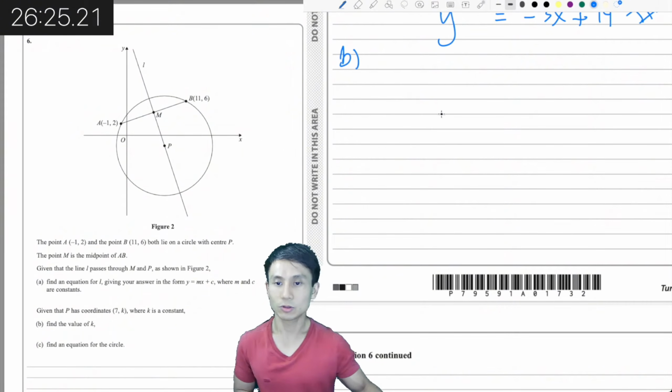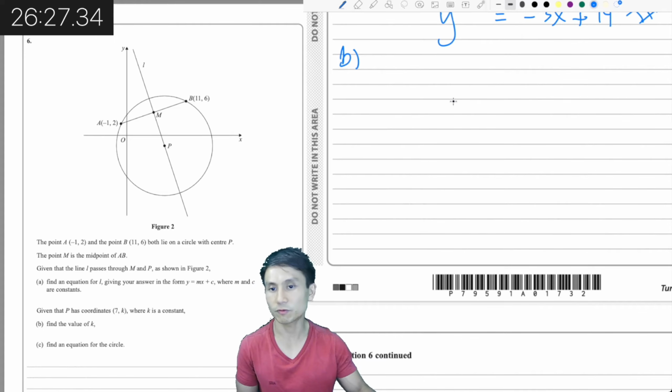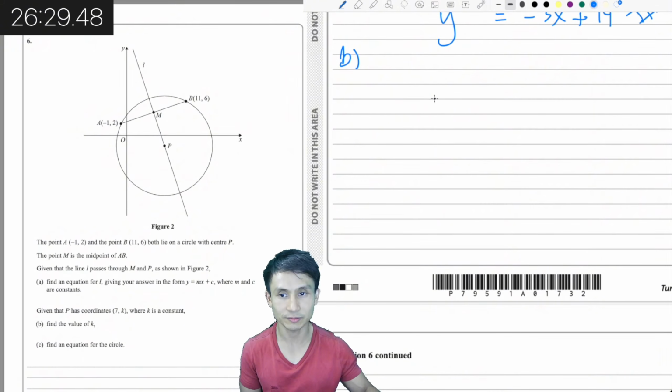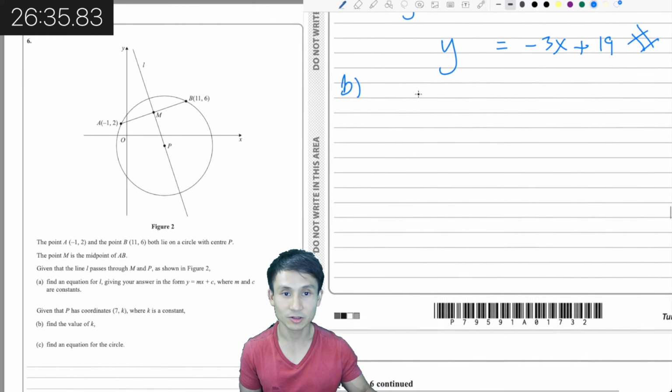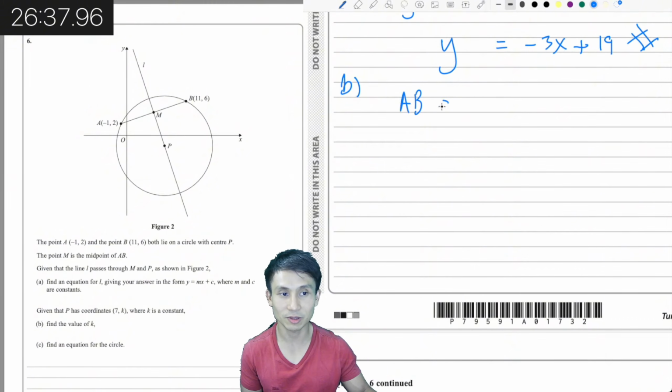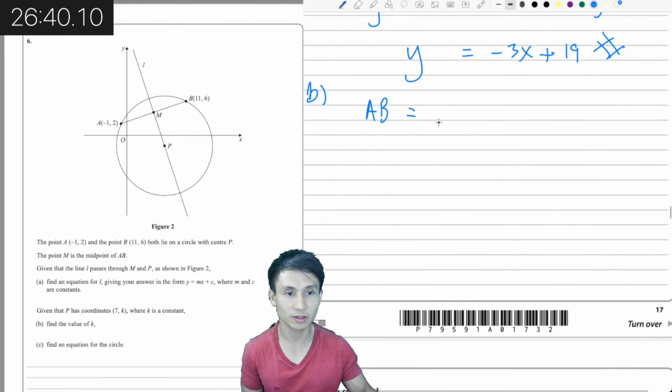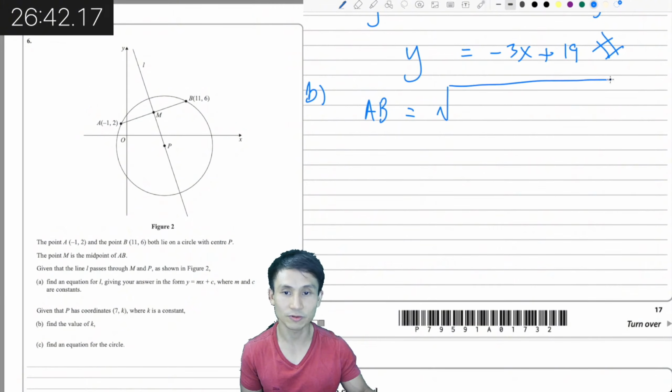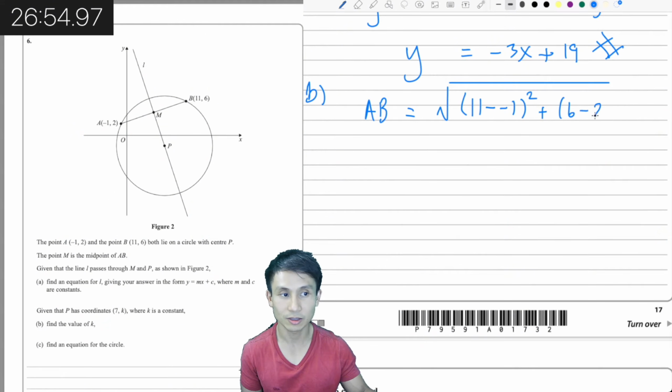Okay. So, of course, we can use Pythagoras, right? So we know that the midpoint should also split the AB into halves. So we find length AB first, which equals square root of delta x squared plus delta y squared.